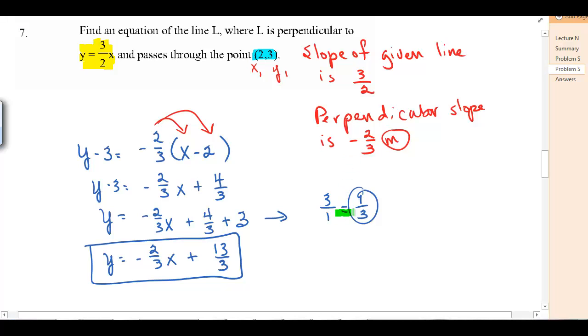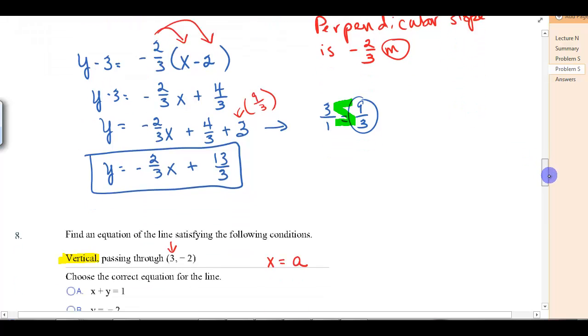Whenever I teach that, it's always a backward z, and I say 1 into 3 is 3, 3 times 3 is equal to 9. So when you have 9/3 here, 4 and 9 is 13. So you have negative 2/3 x plus 13 over 3.